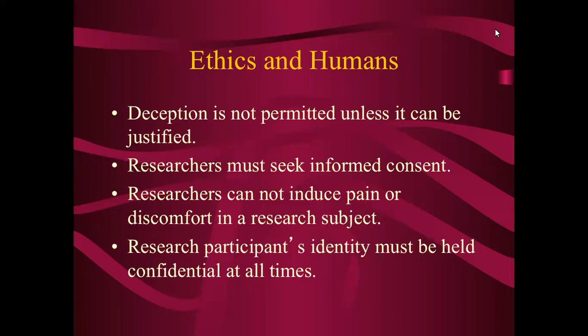What happens if the child wants to participate and the parent doesn't want them to participate? Can't use it. So both parties, the individual themselves and a responsible party or guardian for them, have to approve the participation in the study. If anyone changes their mind, all bets are off.